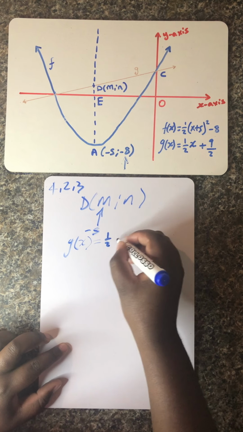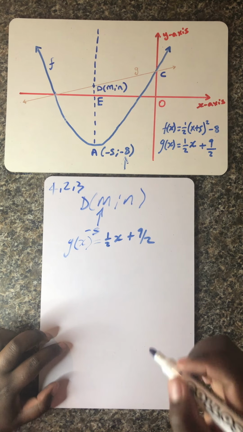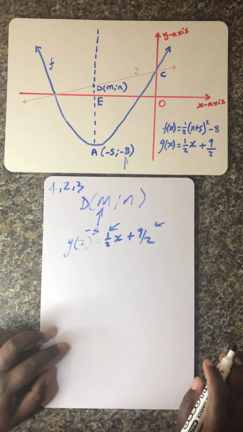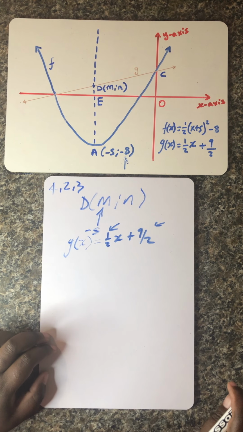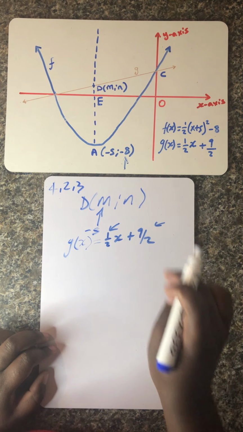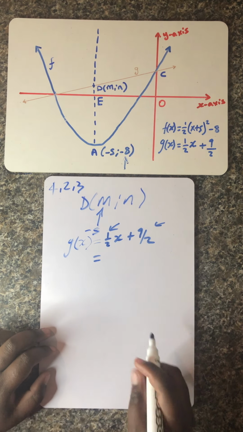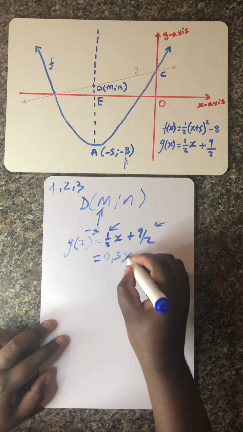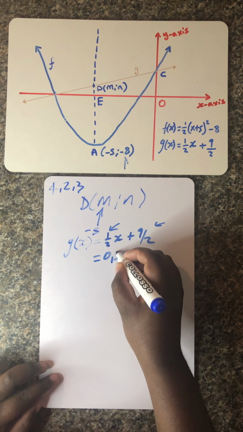So we know it's 1/2x plus 9/2. Ladies and gentlemen, in case you are not confident with fractions, I know there are some of you who don't like working with fractions, but if you can convert this to a decimal, and it won't need you to round off, then for the sake of getting the calculations correct, you can just write it as 0.5x plus 4.5.